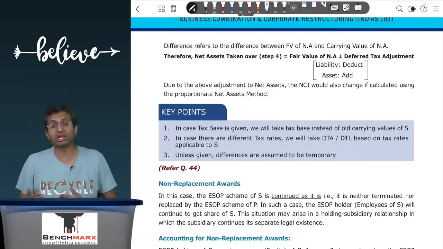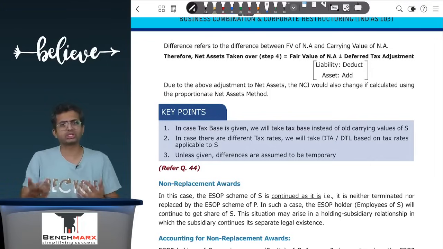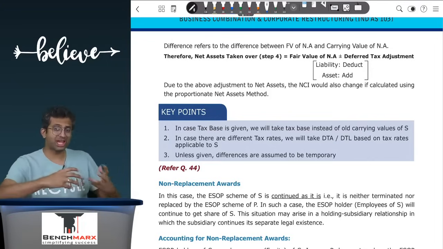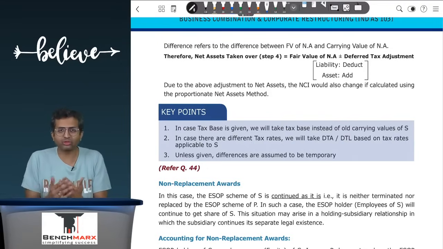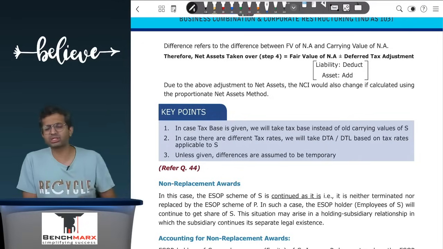They say we want JLR shares only, and as a result, they don't want any shares of Tata Motors. This is like saying owners of the selling company don't want shares of the purchasing company, so they are not selling, and owners of the selling company which are not acquired by the parent are called NCI. So this is the same case in case of a non-replacement award.